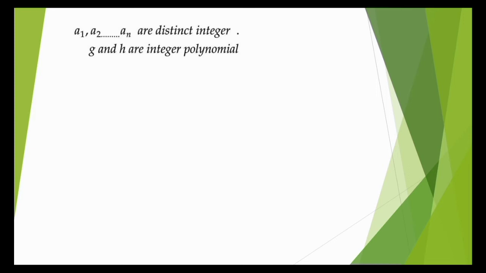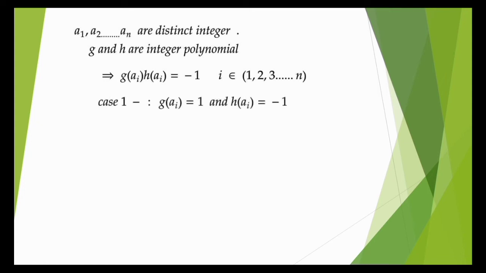We know two things here: that a1, a2 up to an are distinct integers, and that g and h are integer polynomials. So we can say that g of ai multiplied by h of ai equals minus 1, where i is 1 to n. Here there can be two cases. Case 1 is g of ai is 1 and h of ai is minus 1.